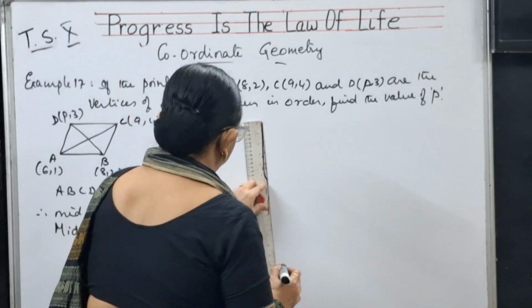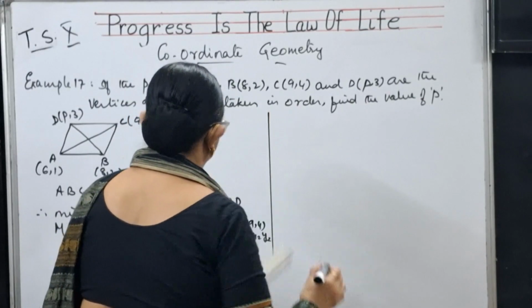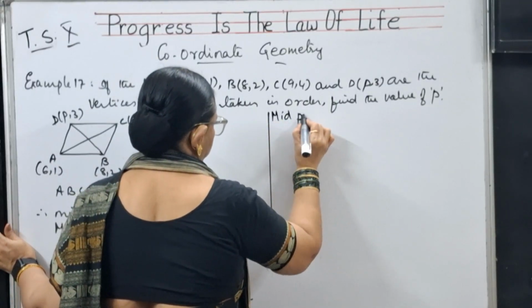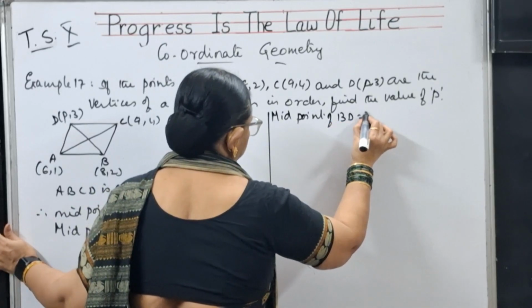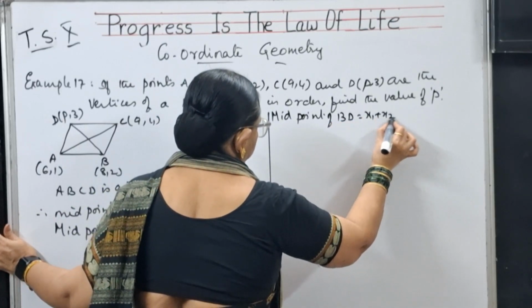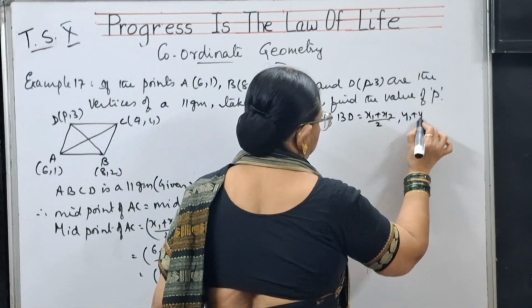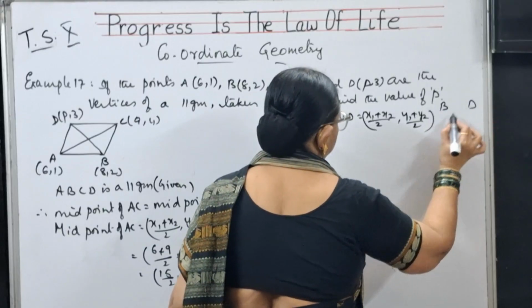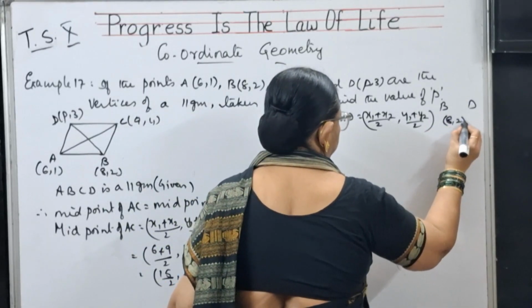Now, let us go for the midpoint of BD, that is (x1 plus x2)/2 and (y1 plus y2)/2. So B and D. B coordinates are (8, 2).